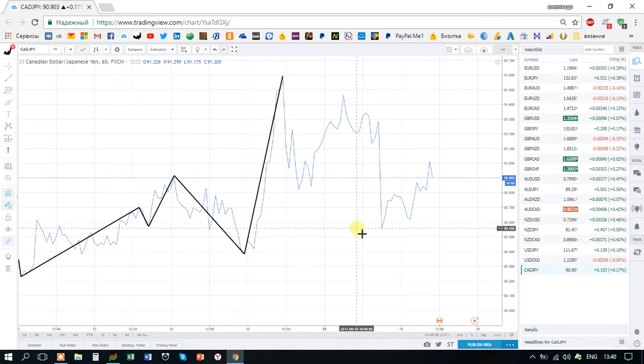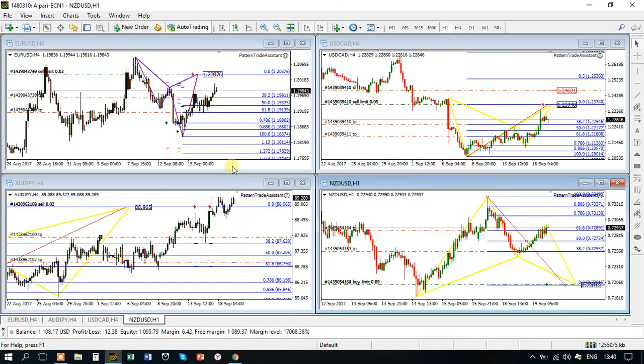Okay guys, that's it about the trading opportunities. Once again, what I have, euro dollar closed. I have a cipher pattern on euro dollar, bearish cipher. Aussie yen still in this bearish trade for hour. Dollar Canadian waiting for this bat pattern to complete. You can see that on 4 hour, but it is actually found on 1 hour.